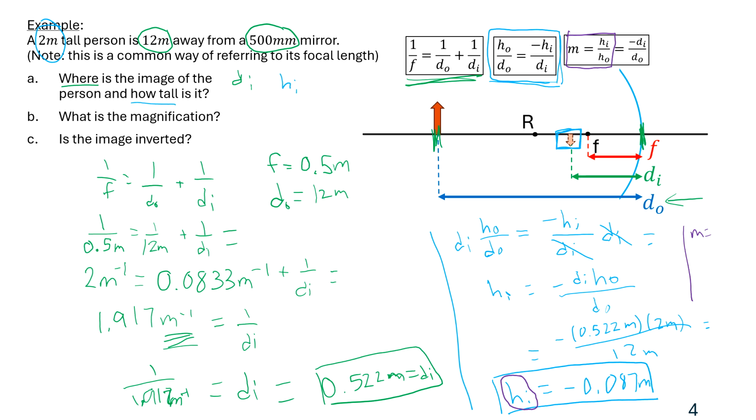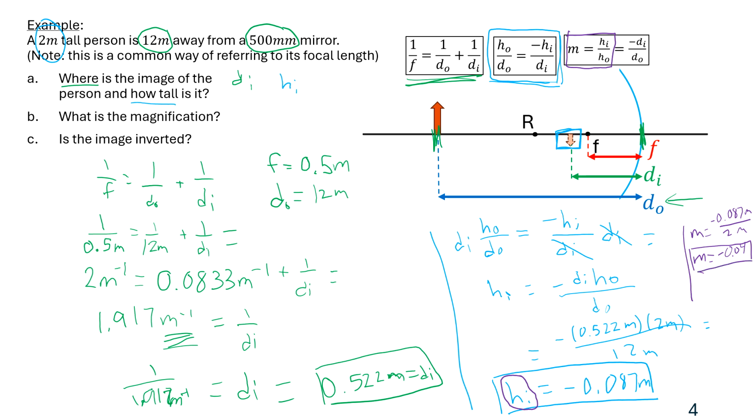HI is the negative 0.087 meters, and HO is the object height, which is 2 meters, and so m, the magnification, is negative 0.04 or so. Unitless value, negative 0.04.